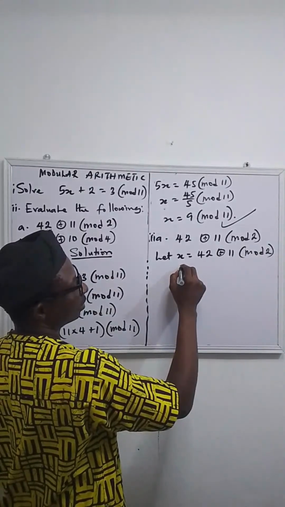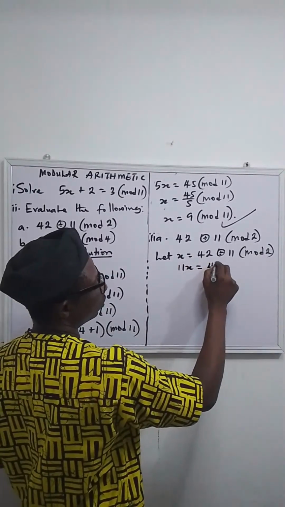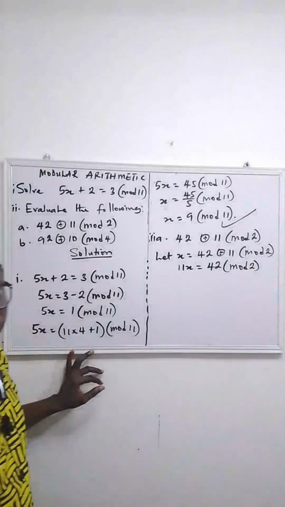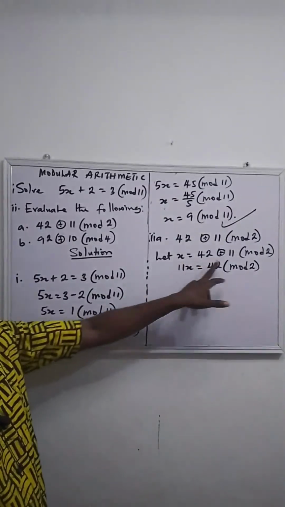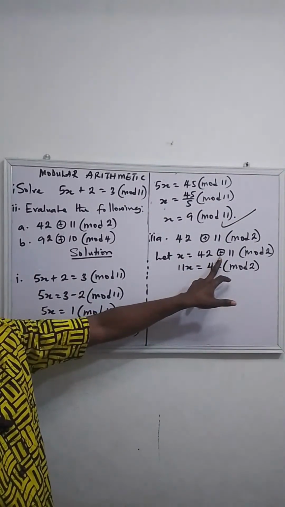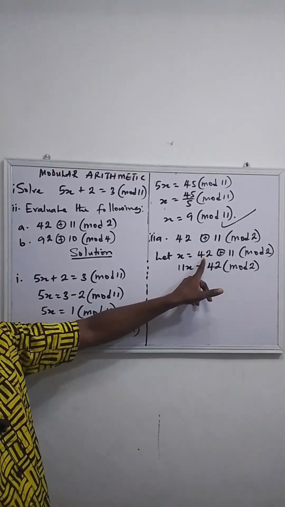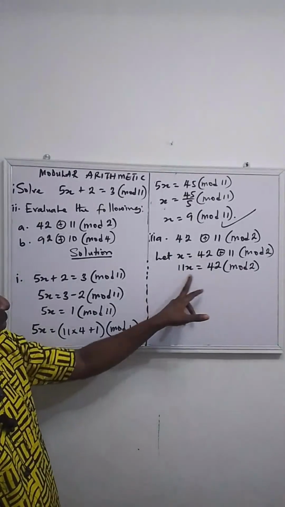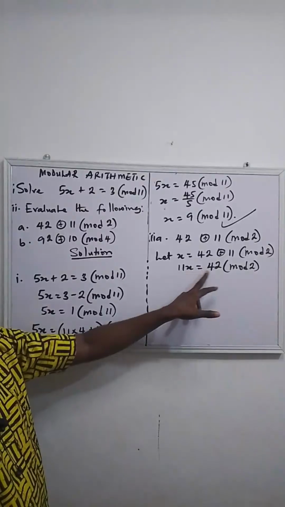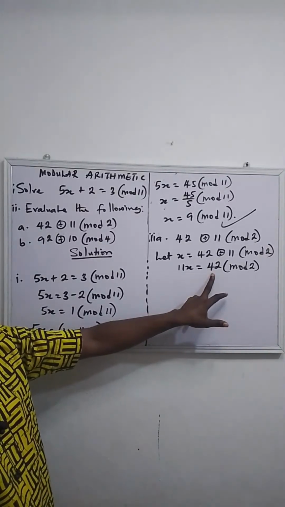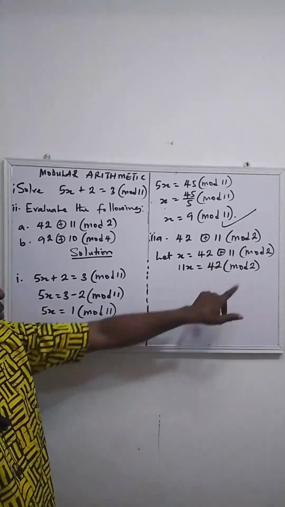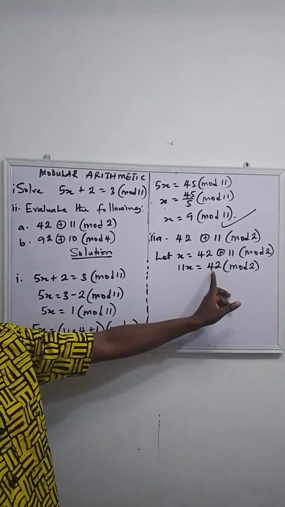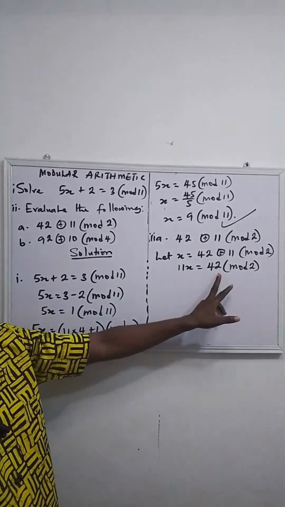This is the same thing as 11x equals 42 in mod 2. You just cross multiply here. Clearly we can see that 11 cannot go into 42 completely. So we begin to add multiples of the modulo to this until we get to a number that will be divisible by 11.